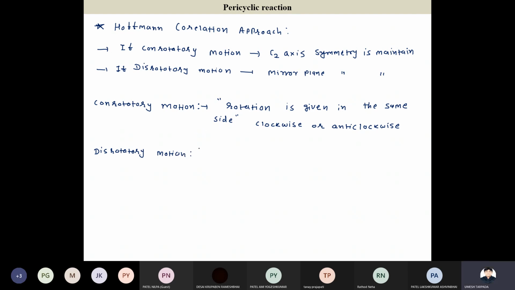Disrotatory motion means rotation is given in opposite directions. For example, this is your diene, which has trans geometry here, hydrogen is of course here, and here also trans geometry.